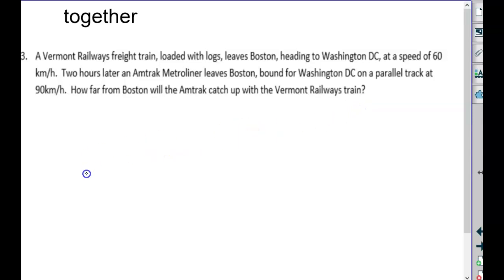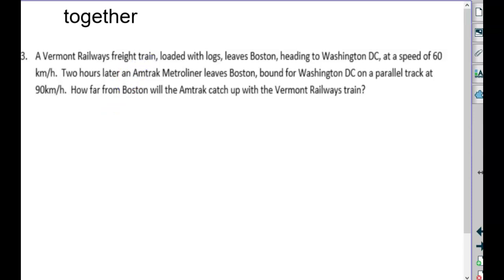Now, there's a couple ways to do this. I just do whatever makes the most sense to me, and sometimes it doesn't find what it's looking for until I plug it back in. What I'm talking about here is the fact that they want to know a distance eventually. Do you see that? But we don't know the time either, right?